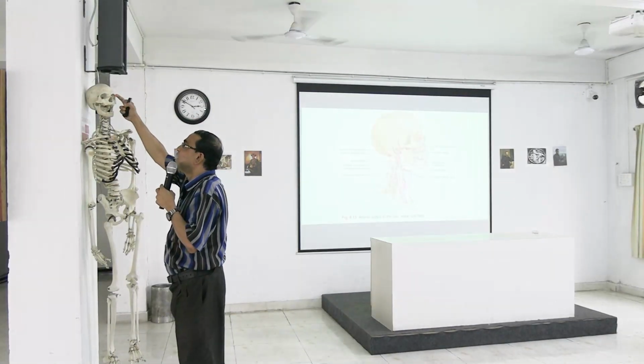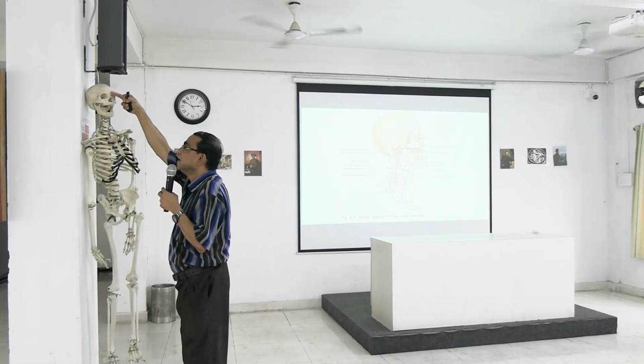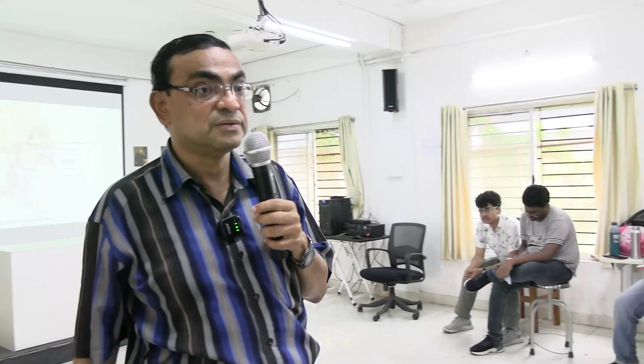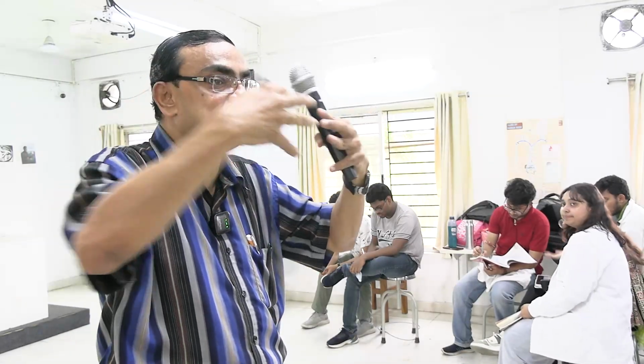That is the dorsal nasal branch of the ophthalmic artery. Within the eyeball, we can get one artery that will come out, and from here the facial artery will join with that artery, the dorsal nasal branch of the ophthalmic artery. Ophthalmic artery has so many branches like supratrochlear, supraorbital, and there is the dorsal nasal branch. So there is a connection between the internal and external carotid artery around the inner angle of the eye.